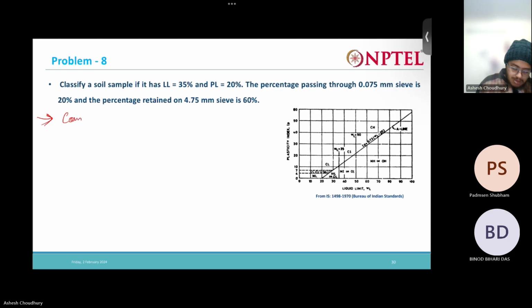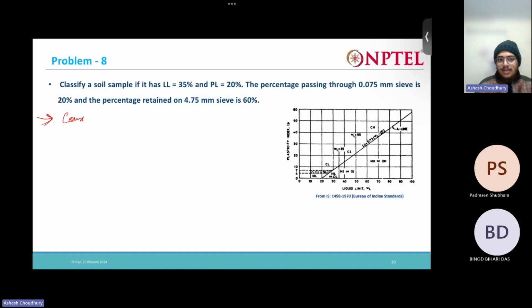Now, second part is what kind of coarse? Sand or gravel? It's also very easy to identify. The percentage retained on 4.75 mm is 60%.